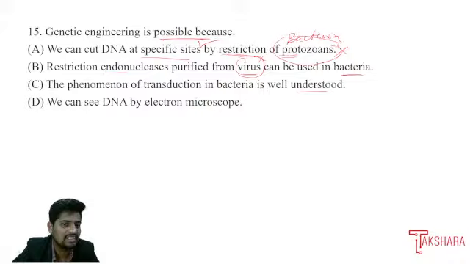The formation of DNA we have to visualize in an electron microscope. But genetic engineering is a possibility because of the carrier of bacteria, the transduction process, and the transformation of DNA occurs. So the well-known good example, option C, will be the correct one. Okay, out of the four, C will be the correct option.